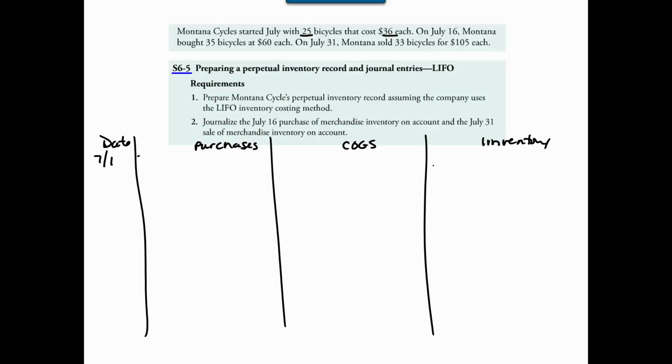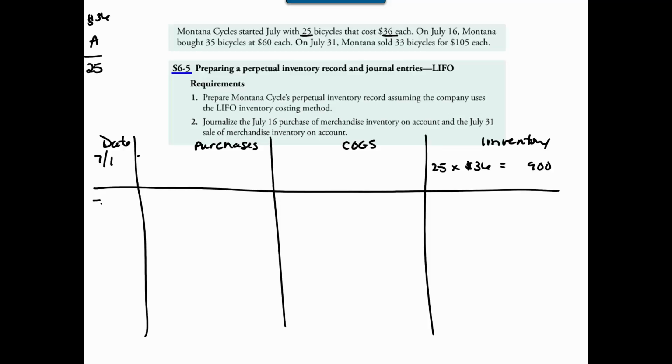I start out here with 25 bikes that cost me $36 each. 25 times 36 is 900. Those are shelf A, the $36 things, and I have 25 items there.